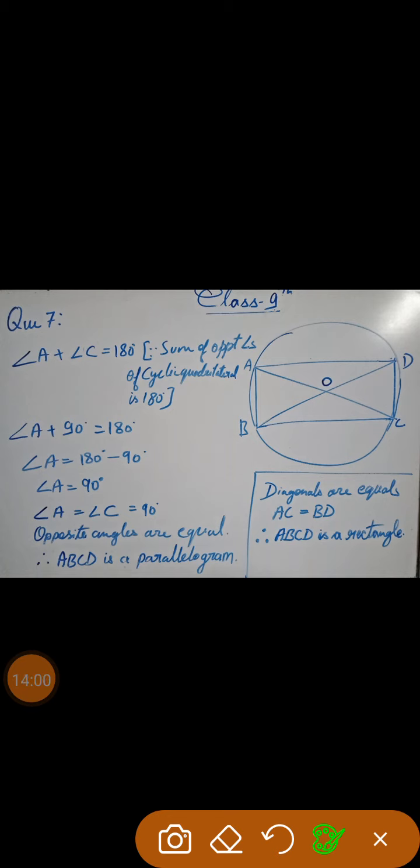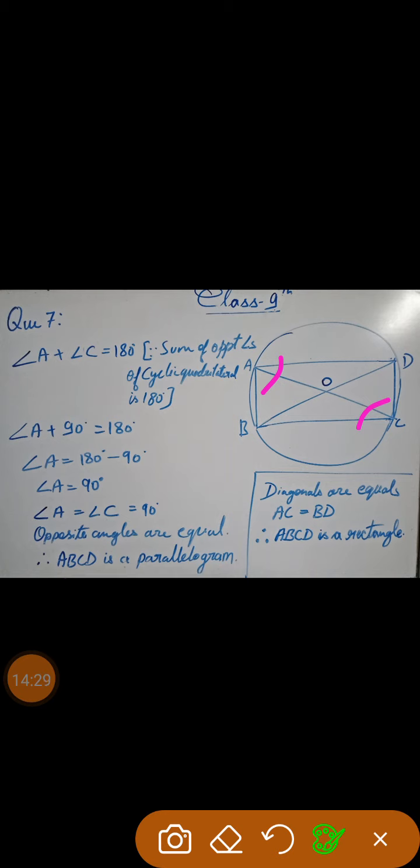Okay, now we will observe that this angle A and this angle C are both equal to each other. So when the opposite angles are equal, that quadrilateral is a parallelogram. Opposite angles are equal, so we write here: therefore ABCD is a parallelogram.